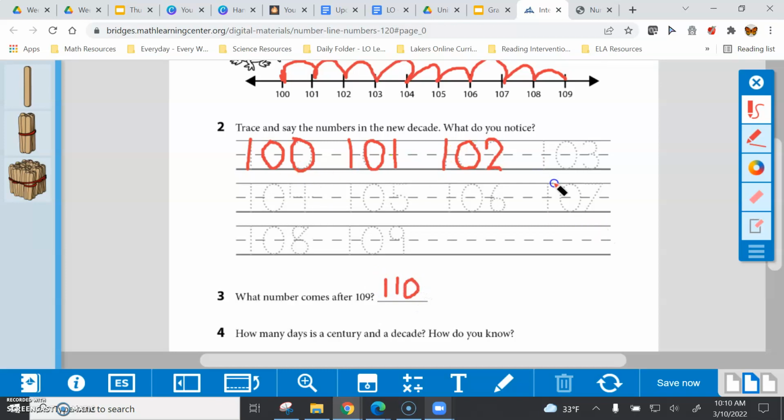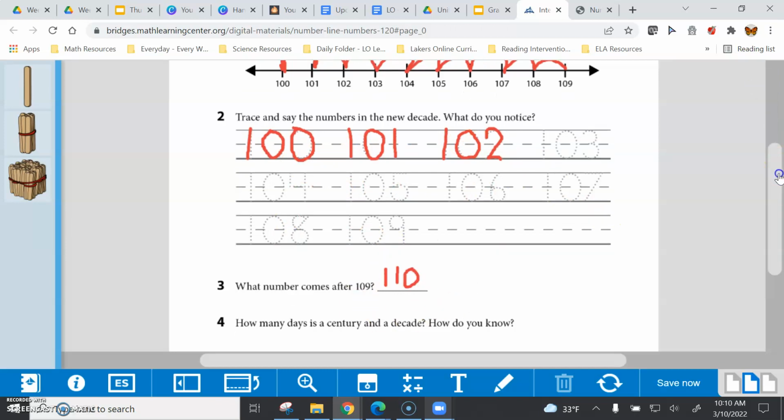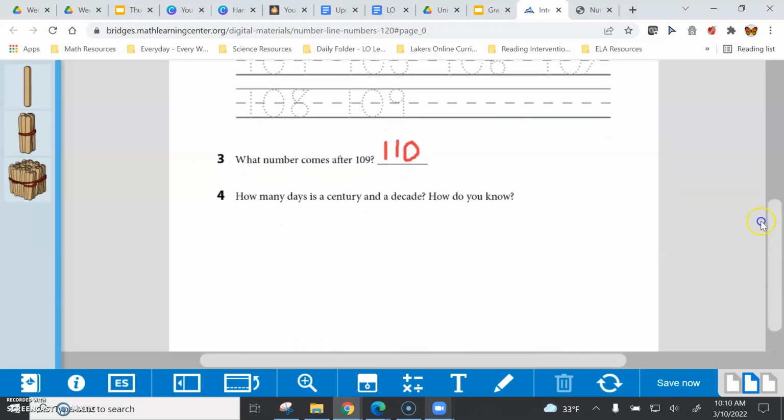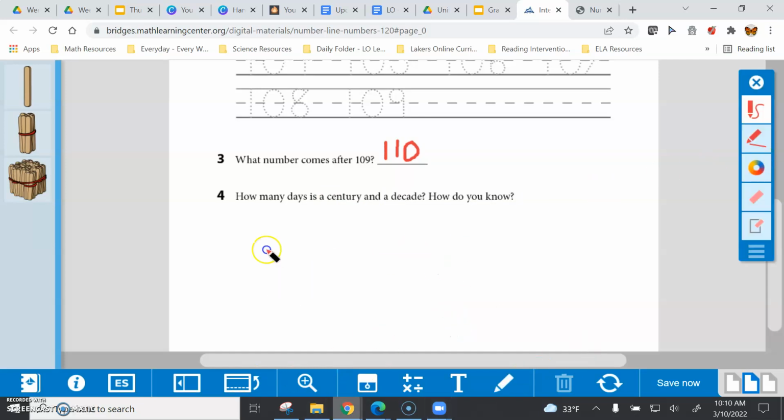So don't forget, finish tracing over all of these numbers. We just counted together to realize 110 is the number that comes after 109. And it says, how many days is a century and a decade? Ooh. Now, a century, just so you're aware, a century is 100 years. 100 years is a century.